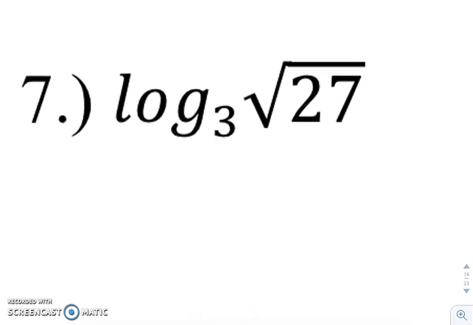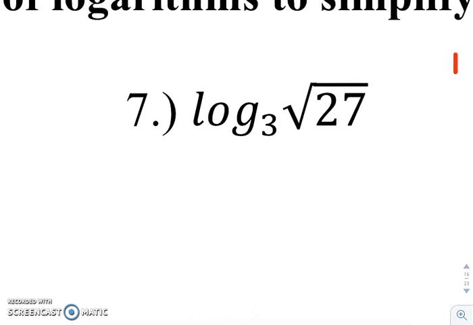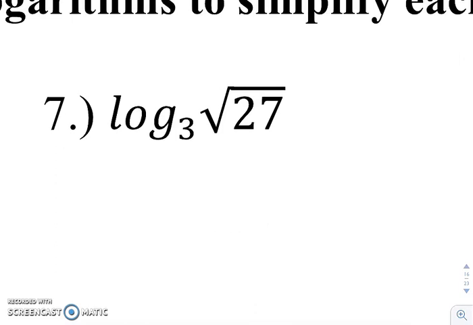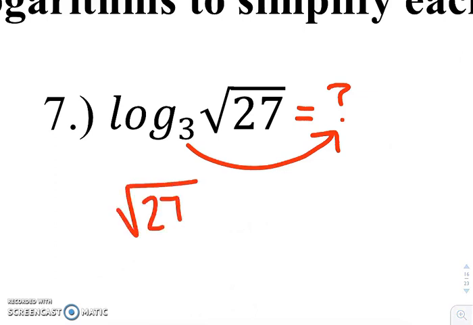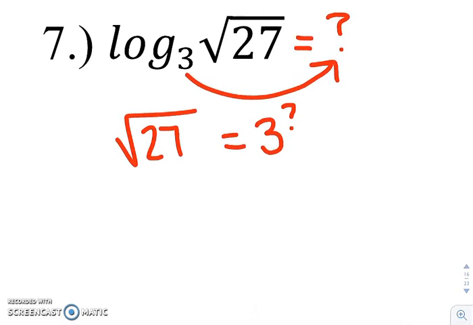The second expression, number 7, we've got log base 3 of the square root of 27. So what does this equal? So if we rewrite this, the square root of 27 equals 3 to what power? I'm just going to rewrite 27 as 3 cubed.